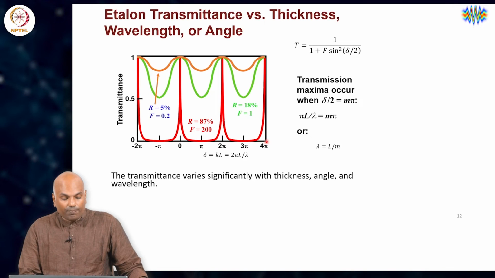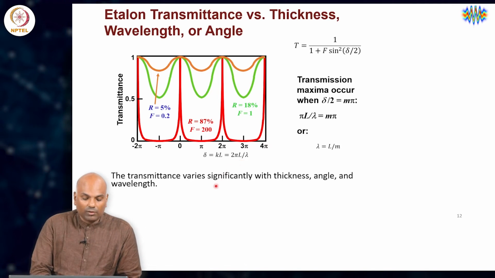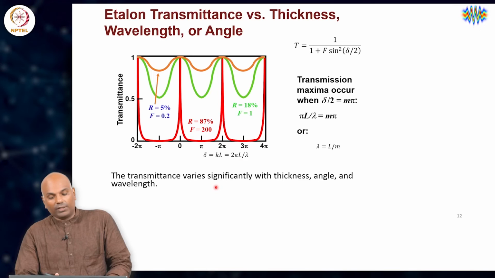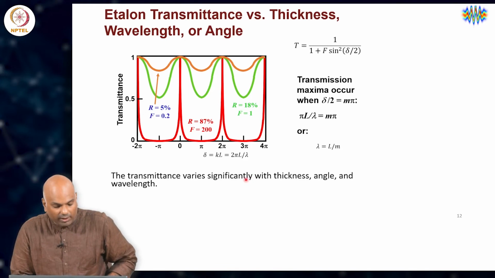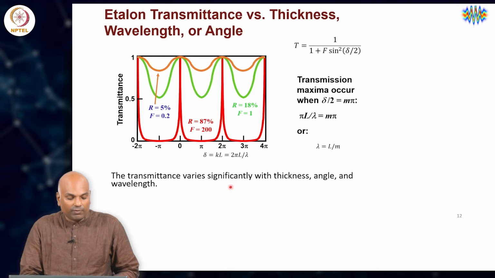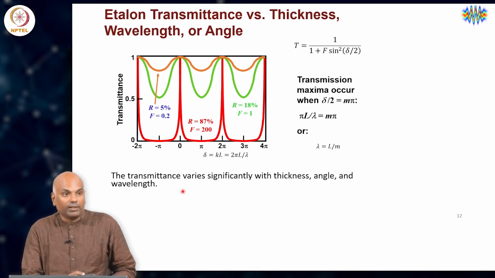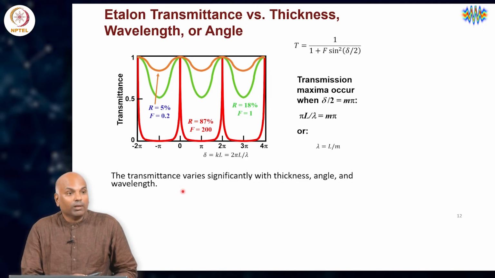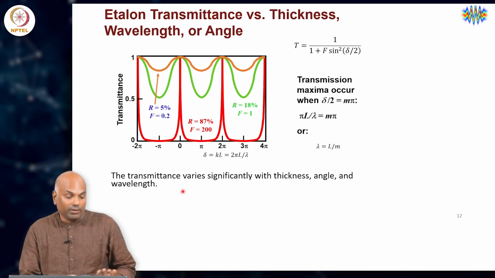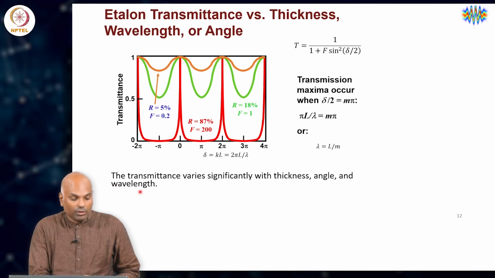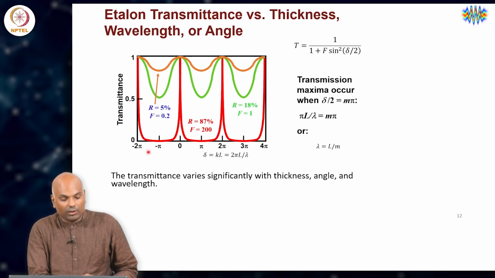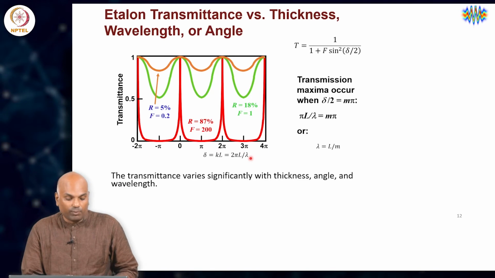Okay. But the point being, a little experimental or physical note: how do I vary the round trip phase delta? I can vary it by sweeping the wavelength, that is, my source is tunable and sufficiently narrow band, both of which are required to recreate this plot in an experiment, right.